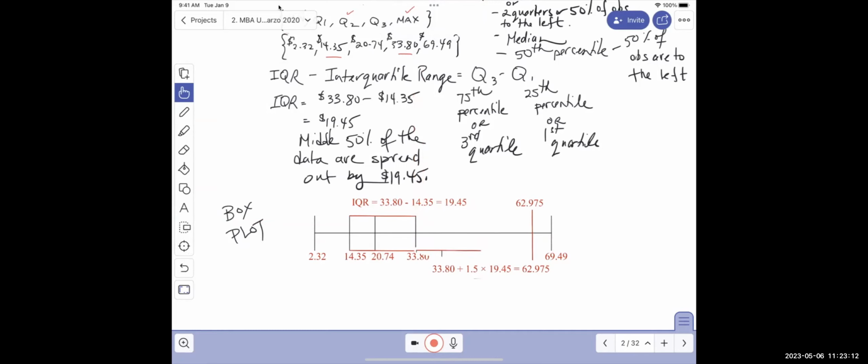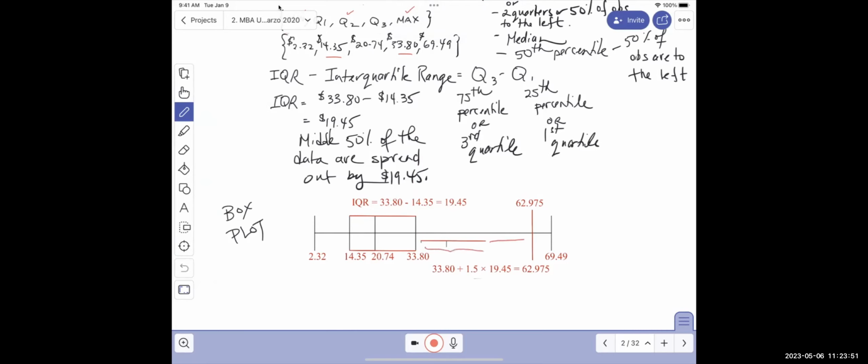I want to add one IQR this way and a half of an IQR. So this is one IQR, and then I'm going to add another half of an IQR.